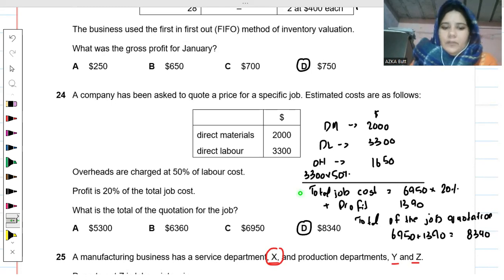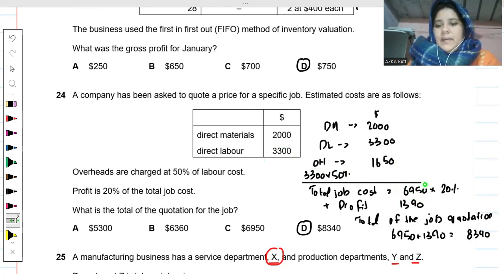First of all, we have to find the total cost. Direct material is part of your total cost, and overheads are also part of your total cost. So direct material is $2,000, direct labor is 3,300, and overheads are 50% of 3,300, which gives you 1650.